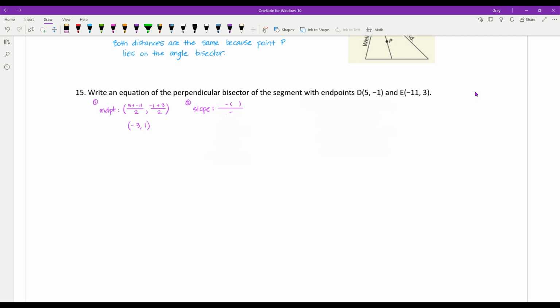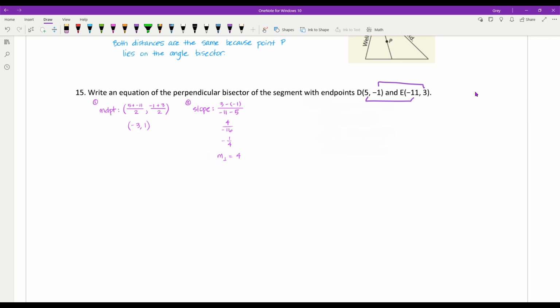So I'm going to subtract my y's: 3 minus -1 over -11 minus 5. That gives me 4 over -16, which is -1/4. I need the perpendicular bisector, so that means I've got to flip it and negate it. Get the negative reciprocal of -1/4, and that's +4.